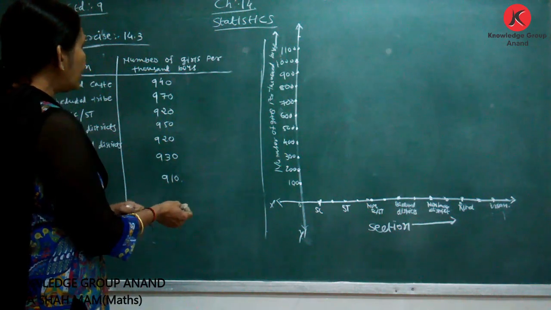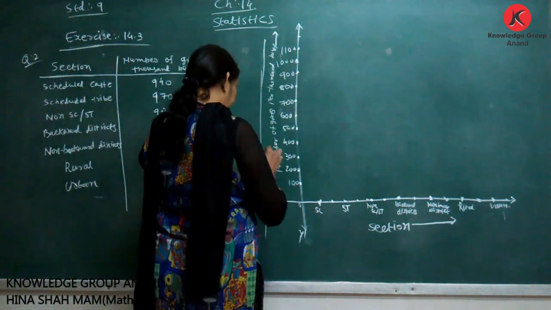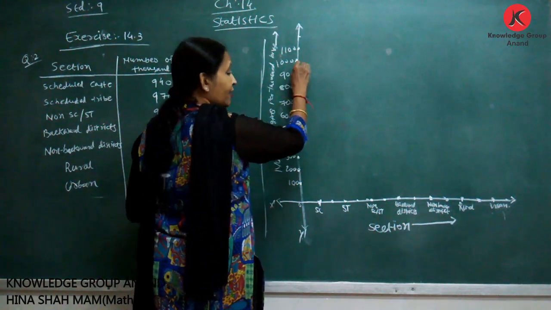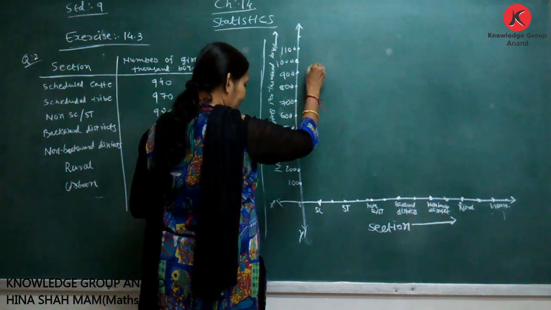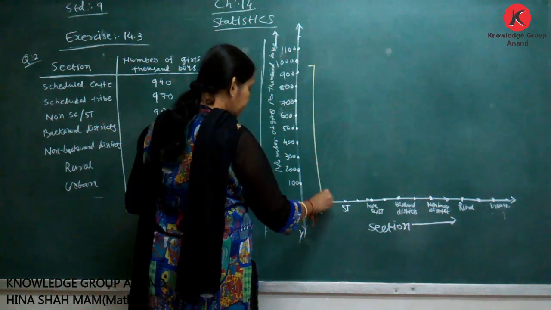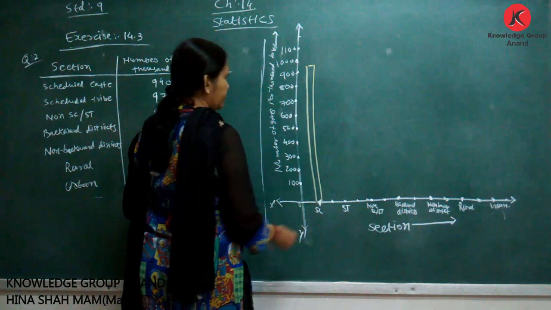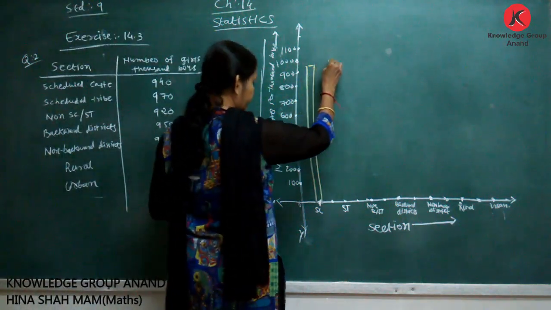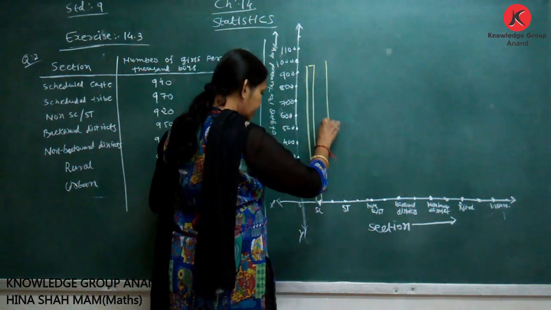First, SC 940, then the scale goes 900, 910, 920, 930, 940. For the four sections we write here SC, and 970 is here.